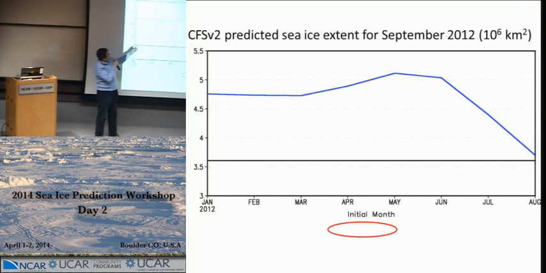Before June, the error is very big, and after that, the forecast becomes better as the lead time is reduced. So if we start from the August initial condition, the forecast is quite good.